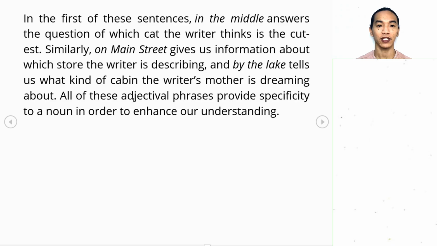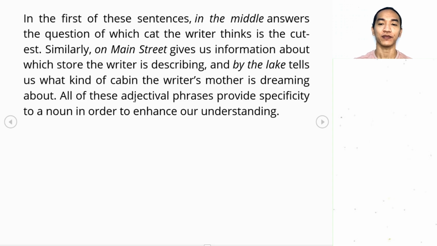All of these adjectival phrases provide specificity to a noun in order to enhance our understanding of it. So remember, if we're trying to modify or tell something about a noun, then that is a prepositional phrase acting as an adjectival phrase.